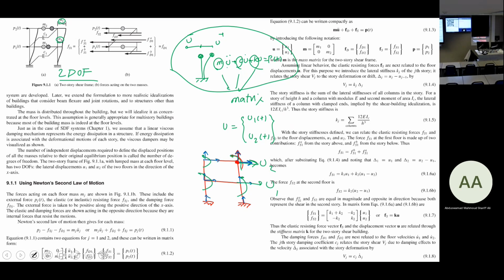That's why the K is exactly the same as what we had in matrix analysis. But we have C and M, something that we need to deal with. C represents damping, and M is the mass matrix, representing the mass.